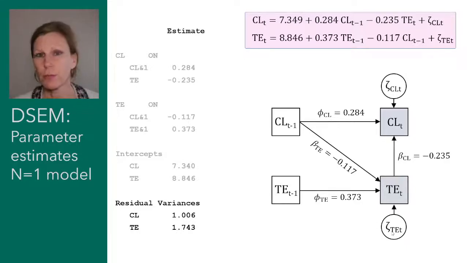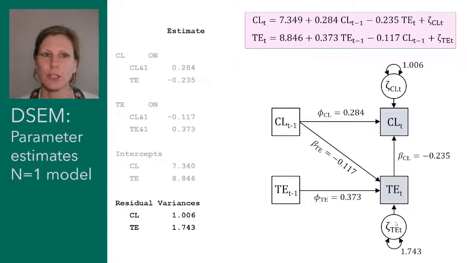And they are variables. They take on a different value at each time point t. What we estimate is not these residuals, but their variances, and that's indicated by these two-headed arrows of a variable to itself. So we see the residual variance here for closeness. It's the variance of this residual of closeness, zeta CL, and that's this value that we see in the output.